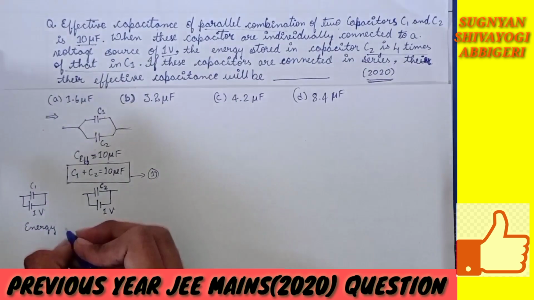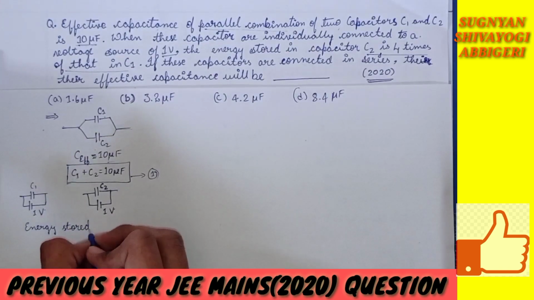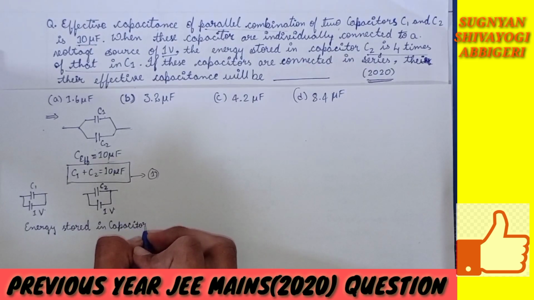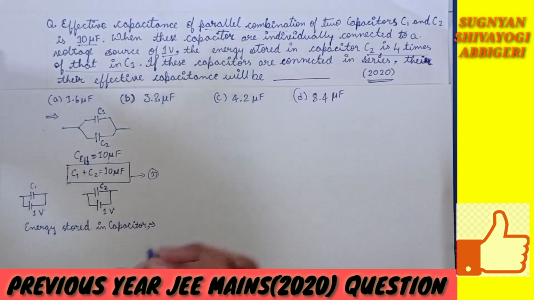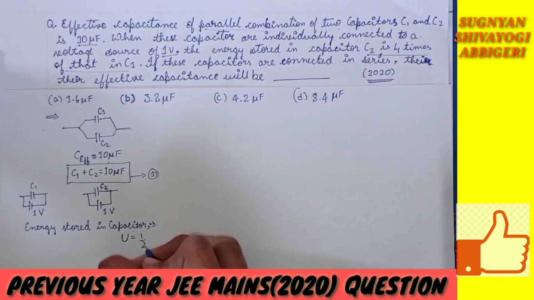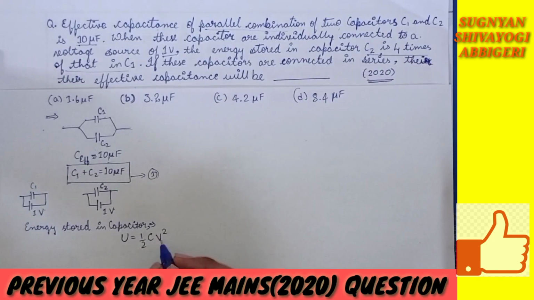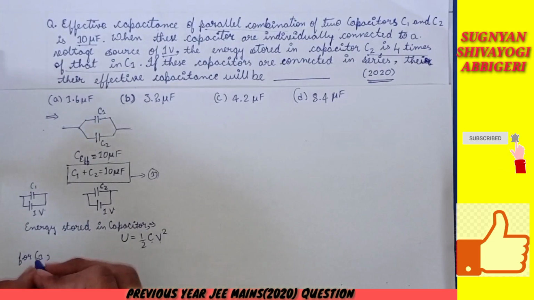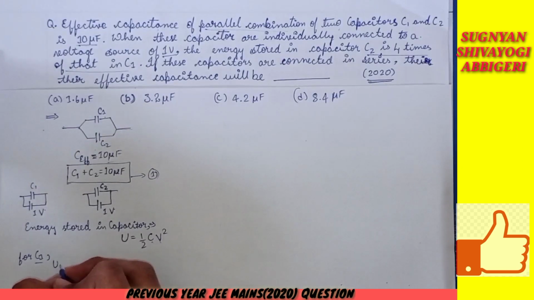Energy stored in capacitor. We represent this energy stored in capacitor with the letter capital U, which is equal to half into C into V square. V is the voltage connected to the capacitor, C is the capacitance, and U is the energy. So for capacitor C1, U1 is equal to half into C1 into V square, right?